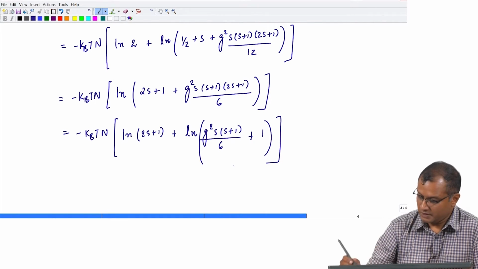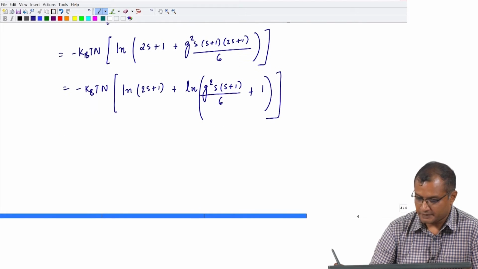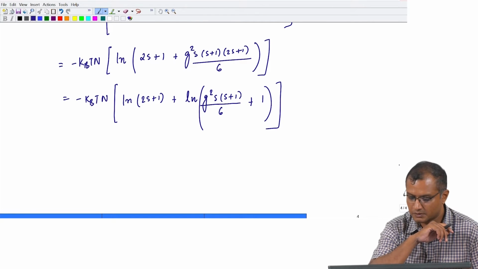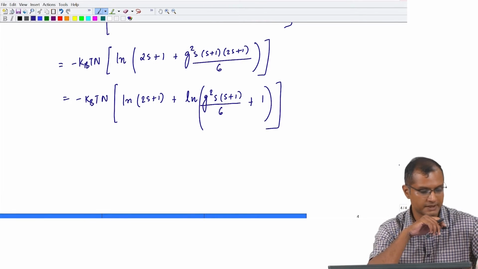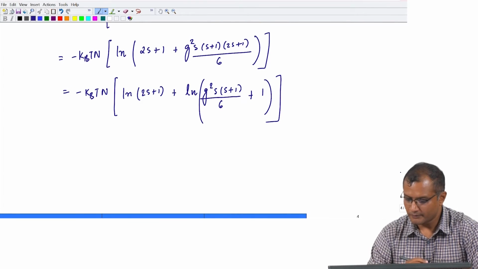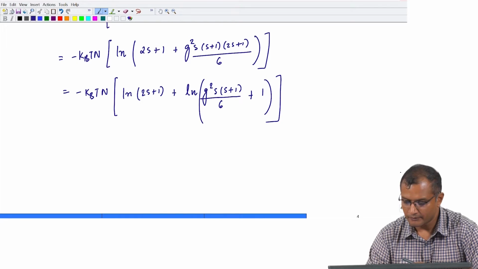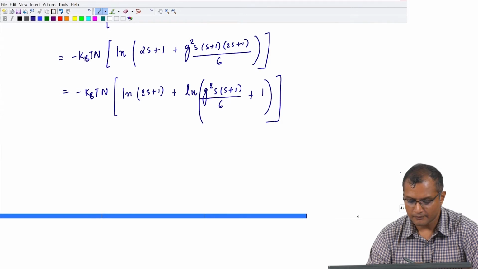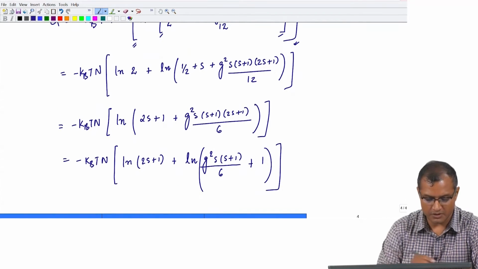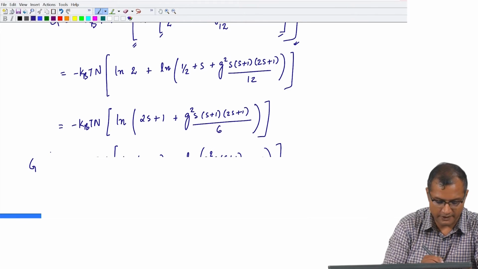All right, now we can give some names to these terms. So, this is my G at some magnetic field.